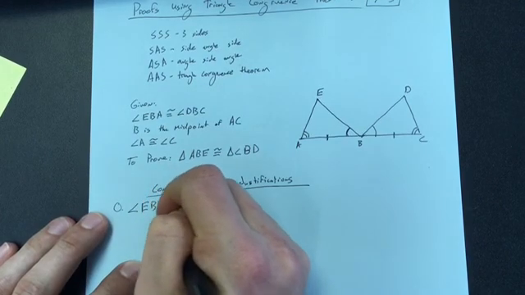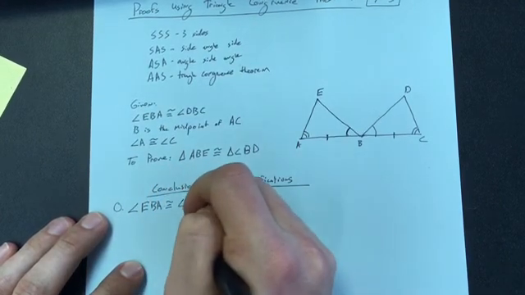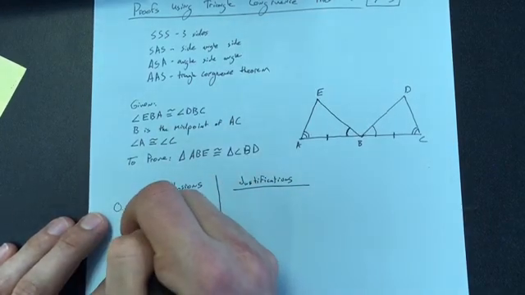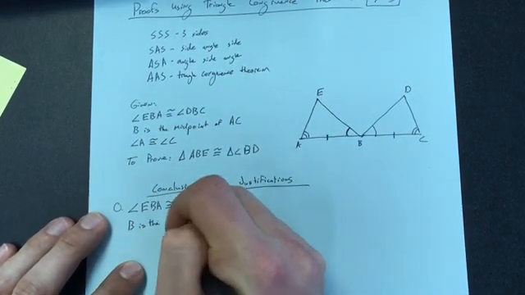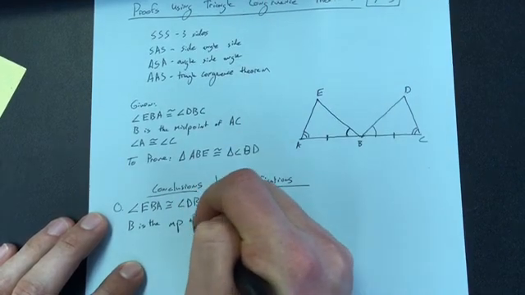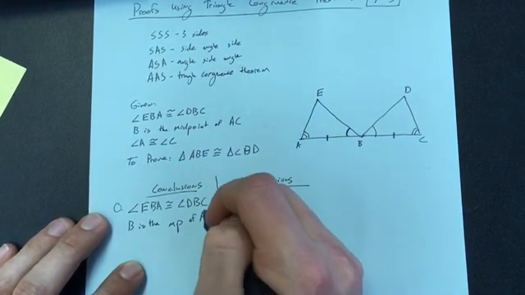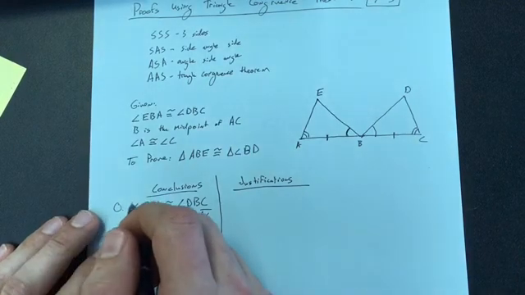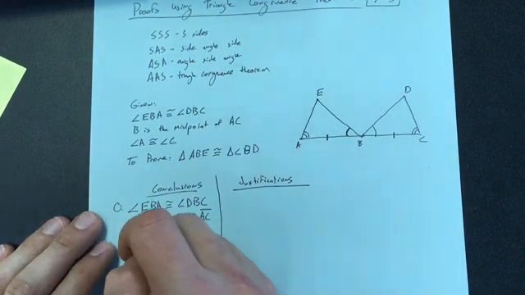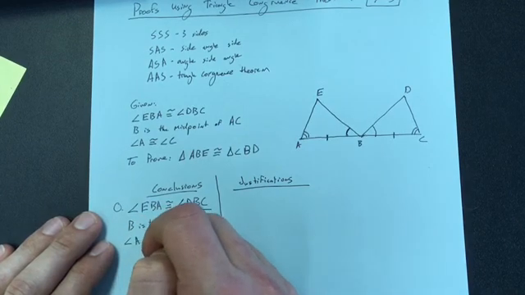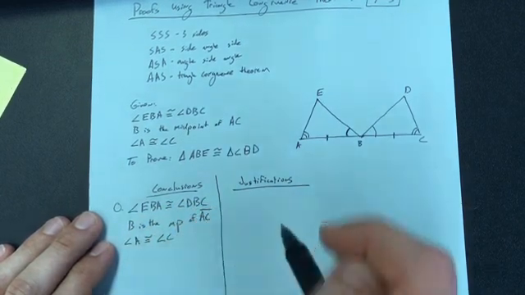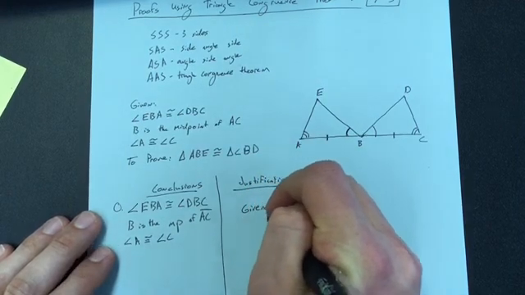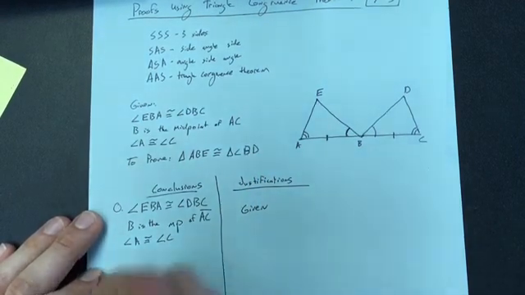Angle EBA is congruent to angle DBC. We have B is the midpoint of line segment AC, and angle A is congruent to angle C. For all of these justifications, we can just say given, because they were given to us.